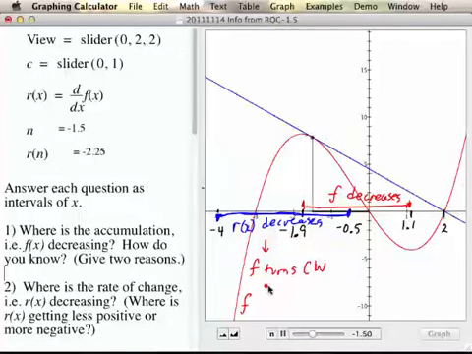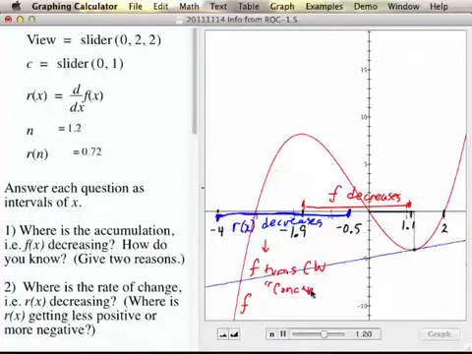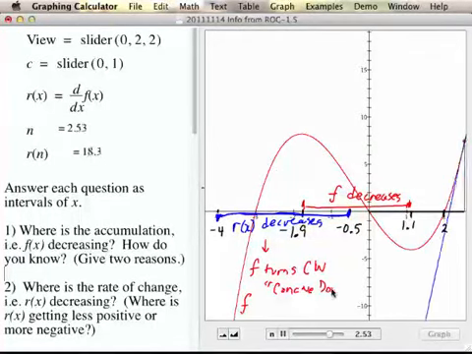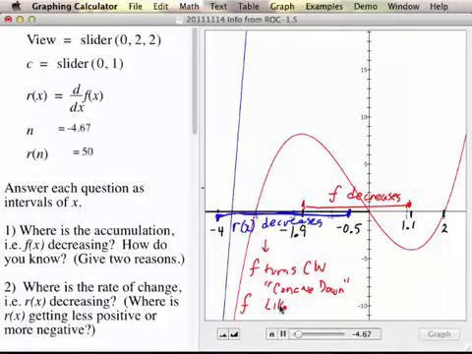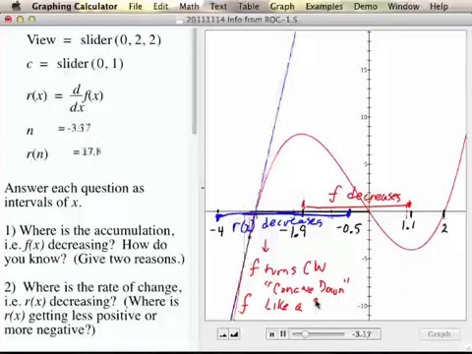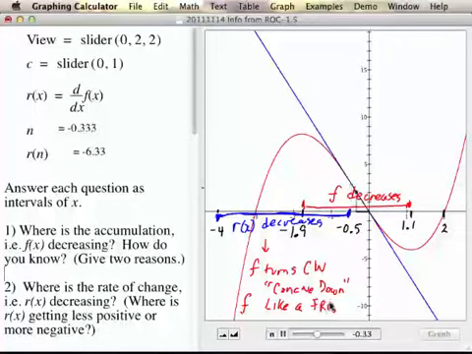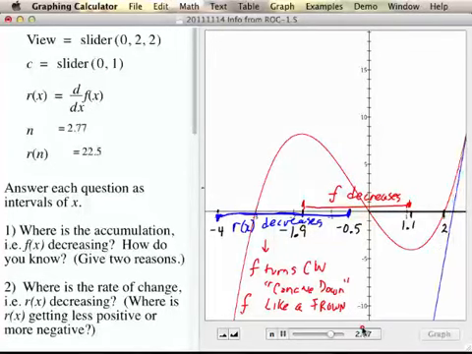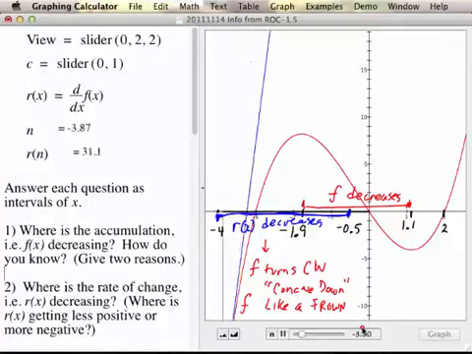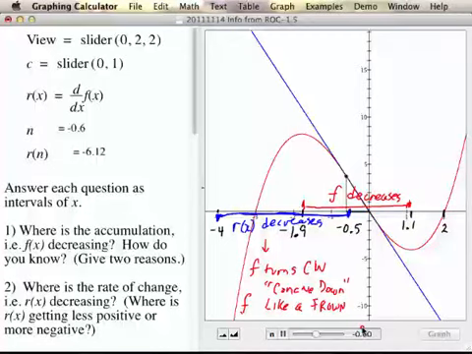And so it makes a shape that we call concave down, like a frown. Concave down, like a frown. So when the function turns clockwise, you have this situation where the rate is decreasing. It's getting less positive or more negative.